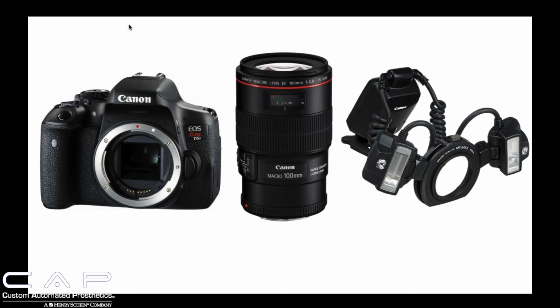I found that this camera works really well. It's relatively inexpensive. It's new. It's like 24 megapixels, which really doesn't mean that much. It's more about the sensor. So I love this camera.